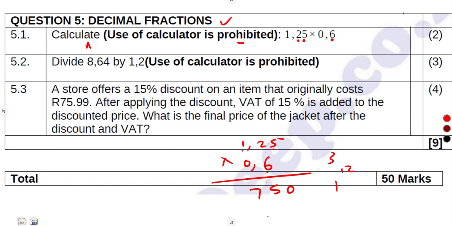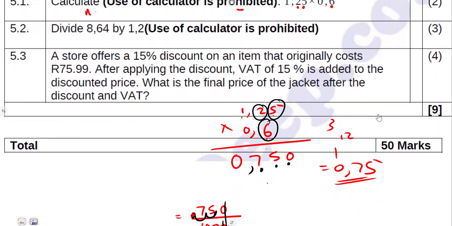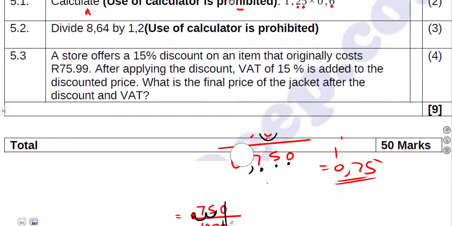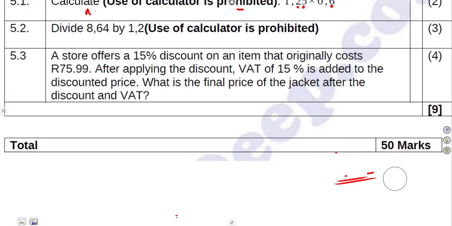How many decimal places are we going to have in our answer? 1, 2, 3. So it's going to be 0.750, which is the same as 0.75. As long as you understand the way that you are using on that multiplication, please use it the way that you understand, or the way that you have been taught in class.